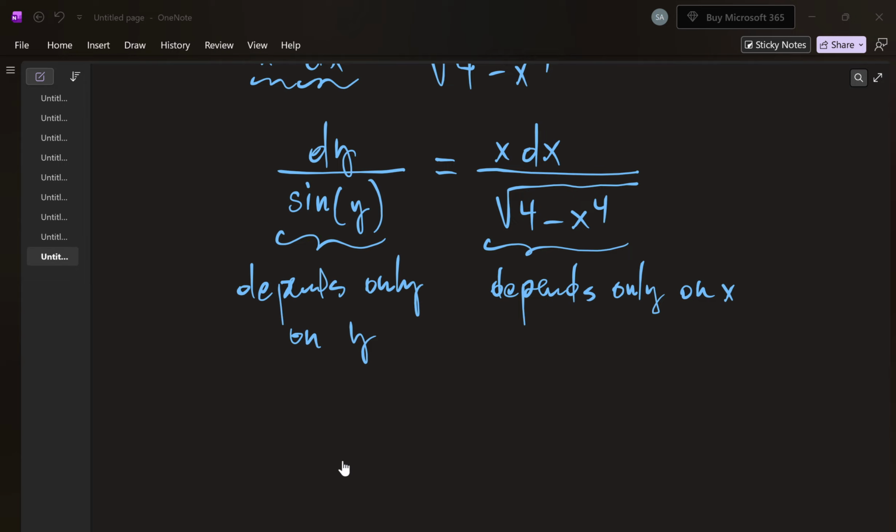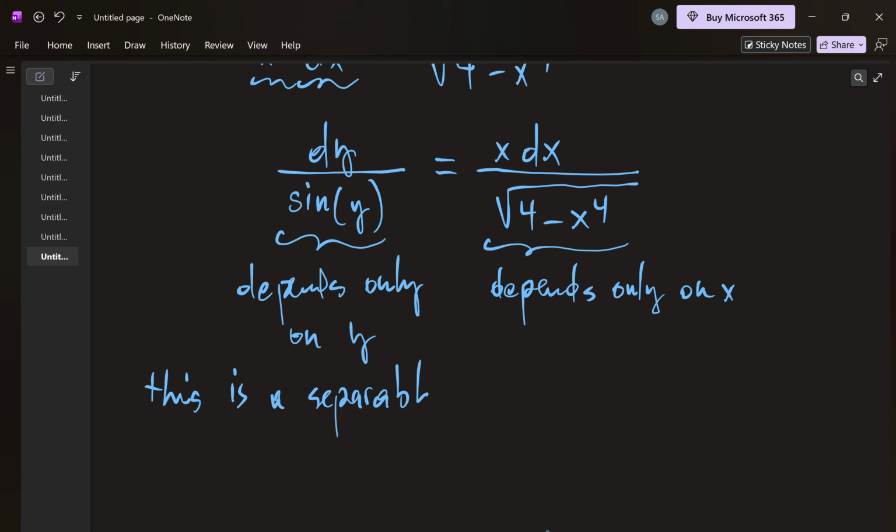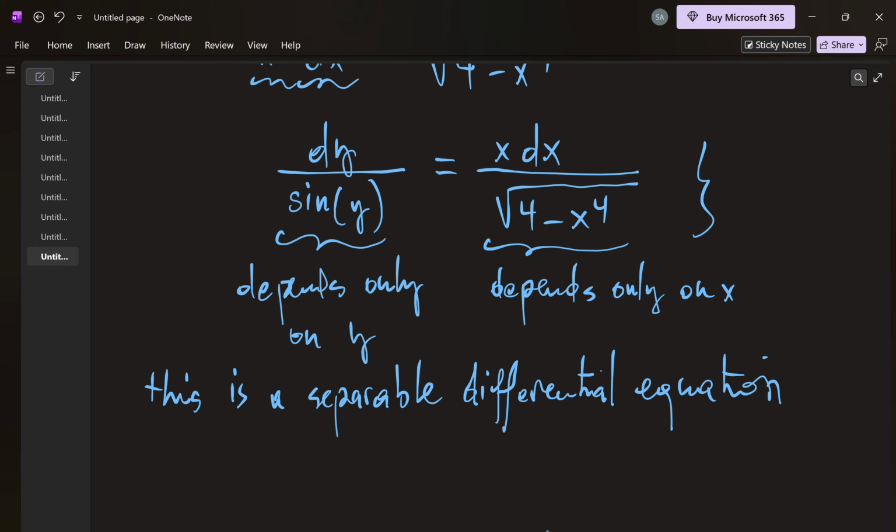So we continue. As you see, this type is a separable differential equation, and this is the separated equation.